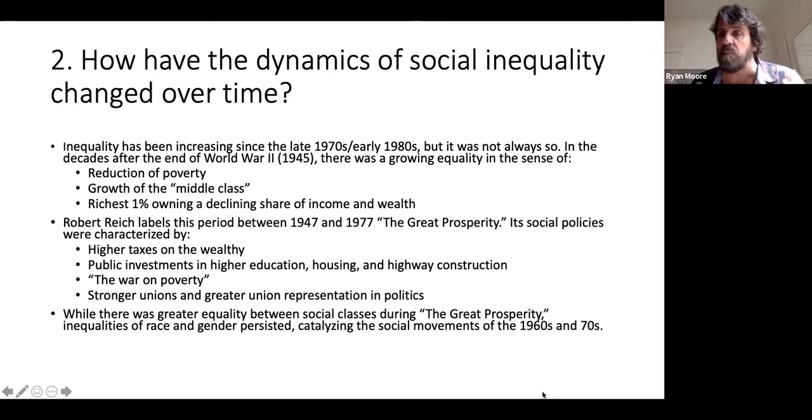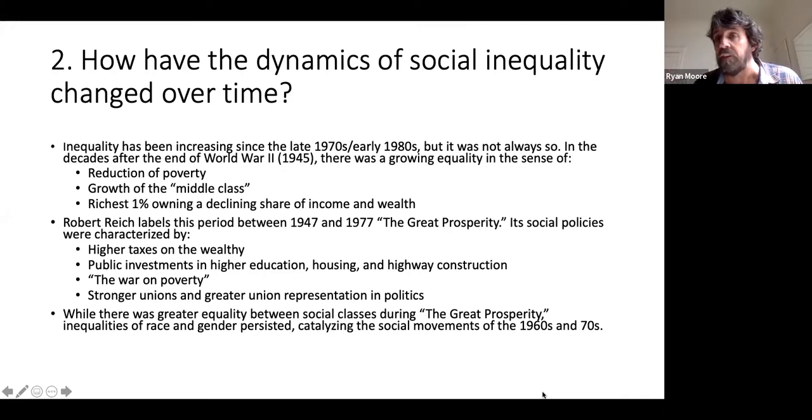So these policies during the 1950s and 60s, beginning after World War II, were racially exclusive or racially discriminatory, but they did have the impact of building more of a white middle class in America.